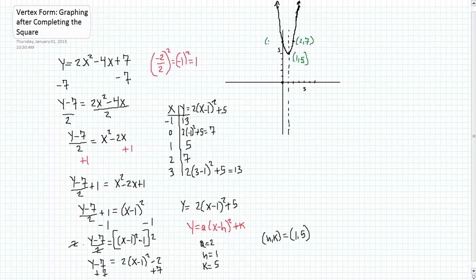This is the point (0, 7). This is the point (-1, 13). And this is the point (3, 13). Right? So overall, we know that this parabola was going to open upward because a was bigger than 0. A bigger than 0 means the parabola opens upward. So this is a rough sketch of our graph.